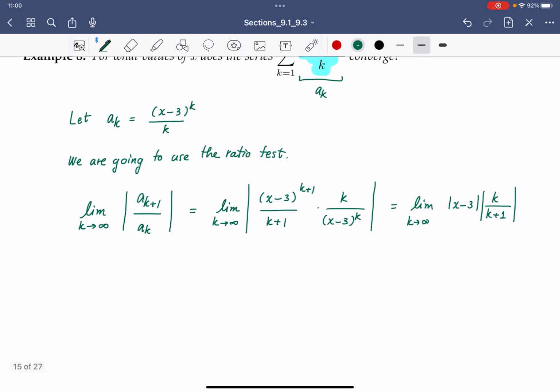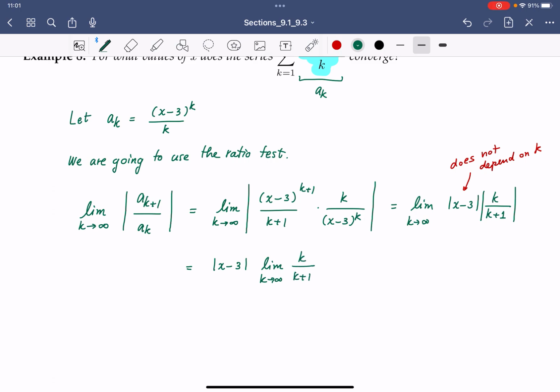x minus 3 does not depend on k. You see that? This one does not depend on k, so we pull out x minus 3 from the limit. And then this is going to be the limit of k over k plus 1.